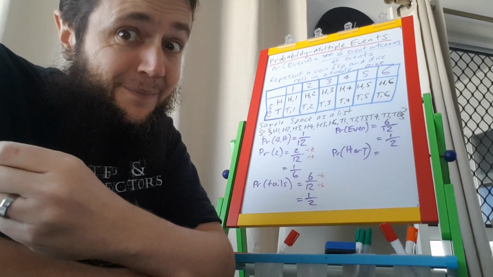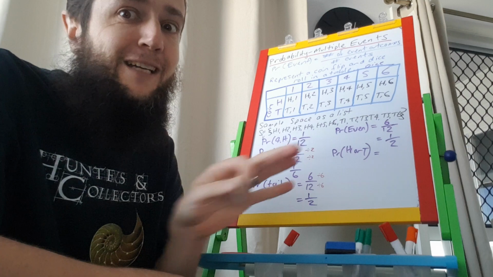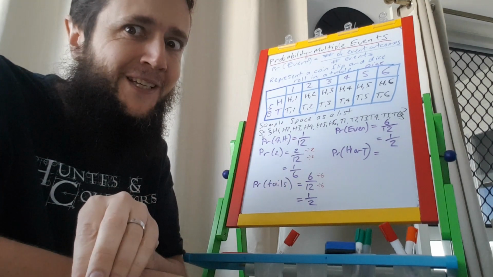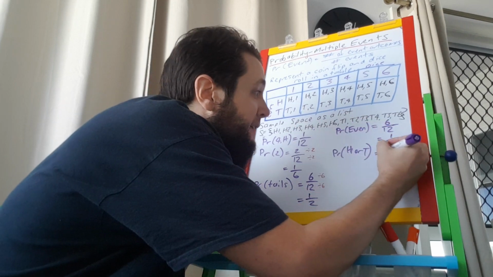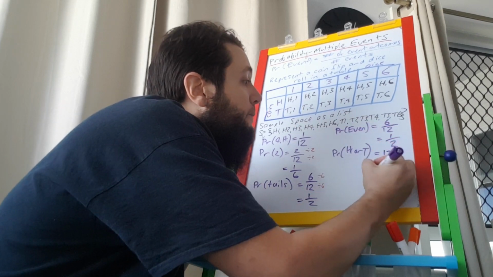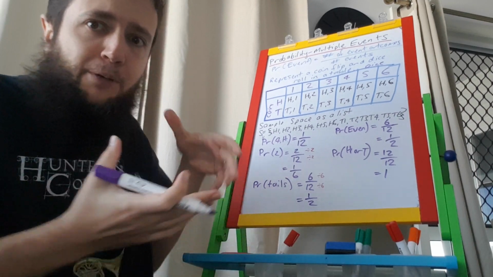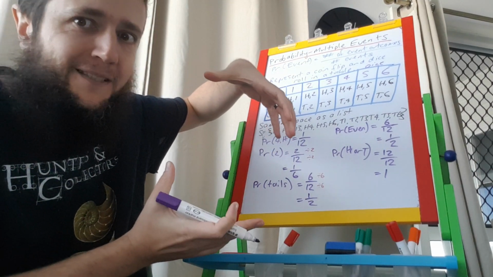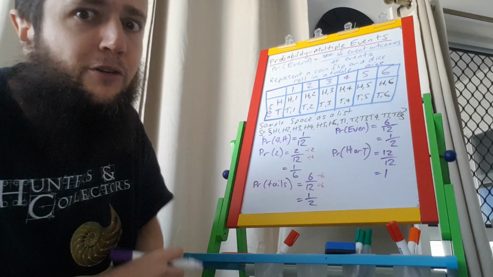All 12 outcomes involve heads or tails. You can't get any outcome in that table that doesn't involve them. So it's 12 over 12, which is just 1. 12 parts out of 12. If you ate 12 pieces out of a 12-piece pie, you've eaten the whole pie, right? 12 over 12, it's 1.